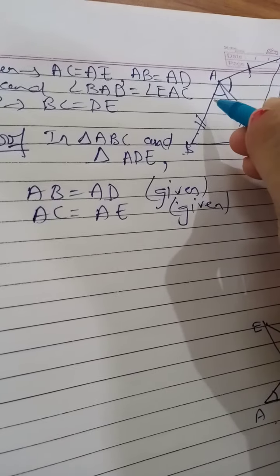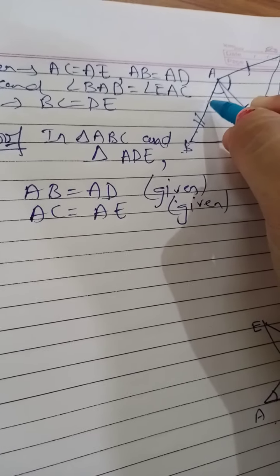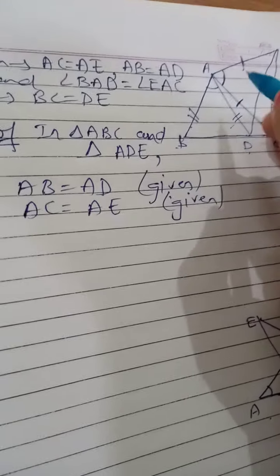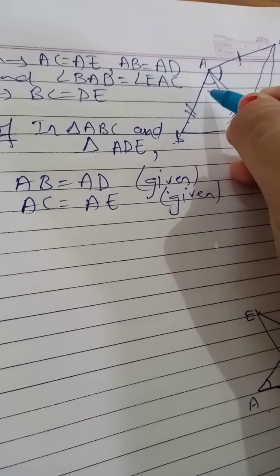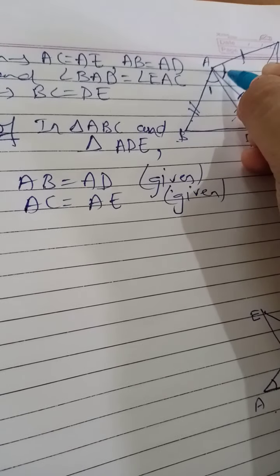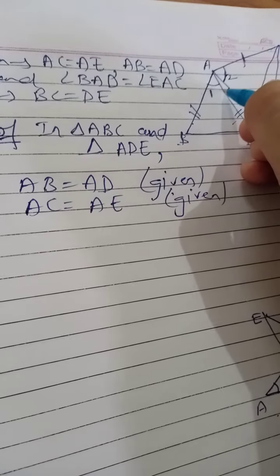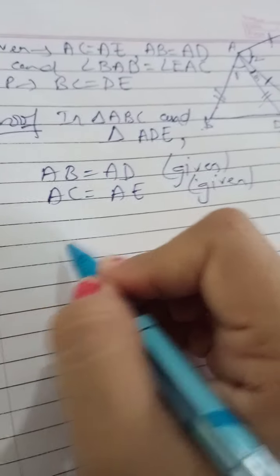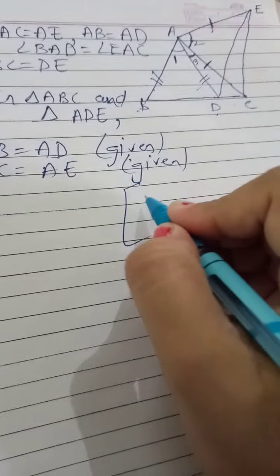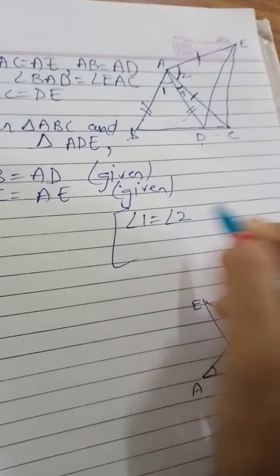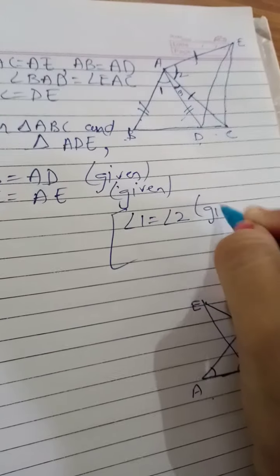But now this full angle we know, we have to show. For this, let us name this angle as 1, this angle as 2, and this small angle as 3. Now I will write angle 1 is equal to angle 2. It is given to us.